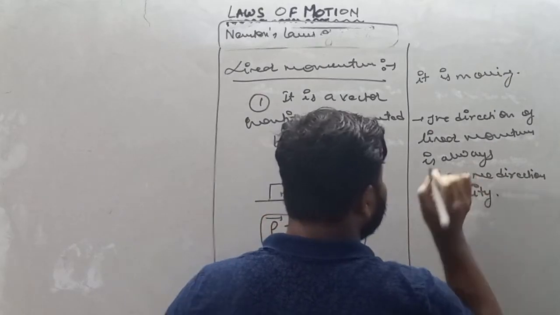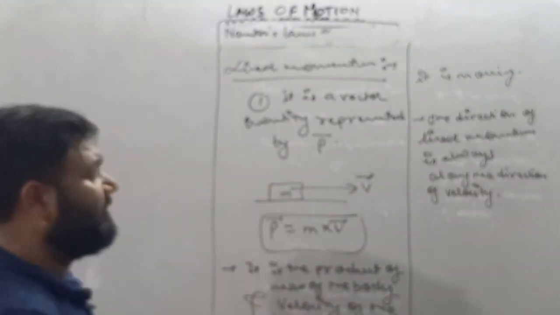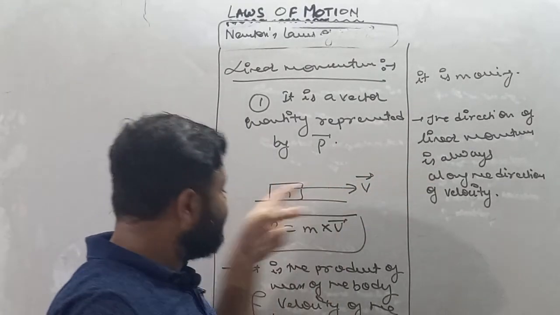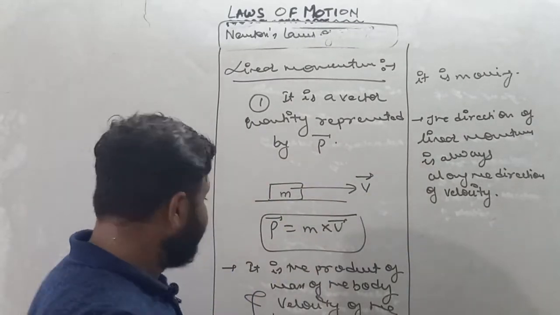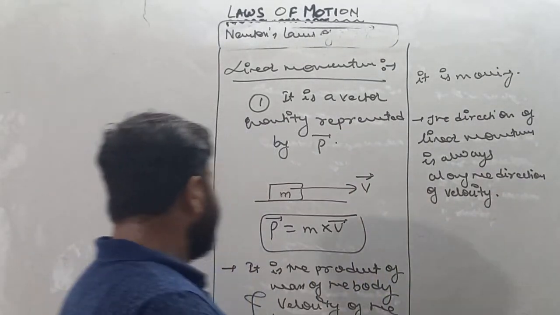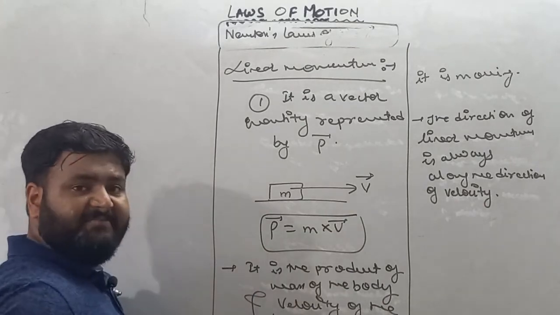Remember this thing, the direction of linear momentum is always along the direction of velocity. So remember, my dear student, linear momentum is a vector quantity. It is the product of mass and velocity.